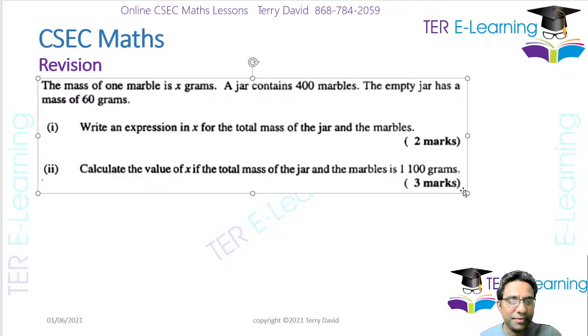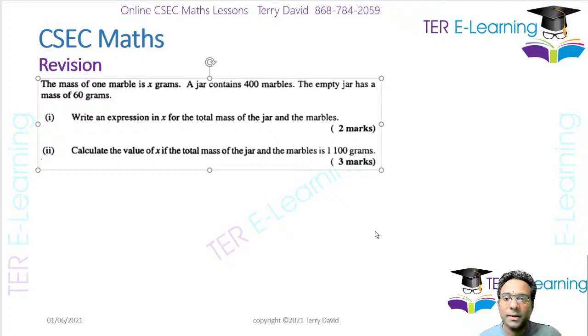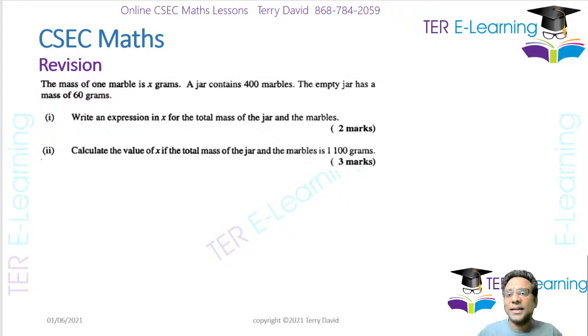So let's look at this carefully and see if we can answer this. We have the mass of one marble is x grams, and the jar contains 400 marbles. The empty jar has a mass of 60 grams. Write an expression in x for the total mass of the jar and the marbles.